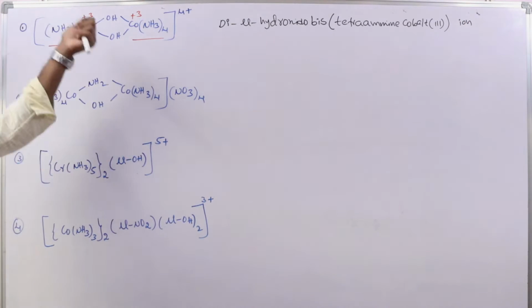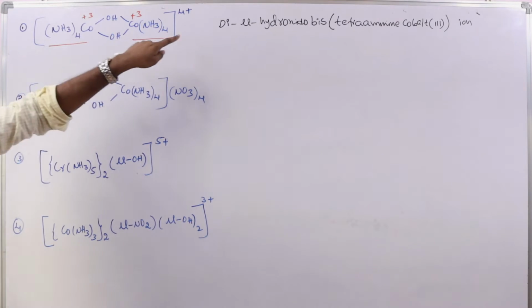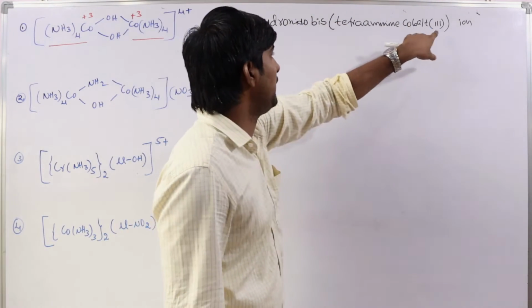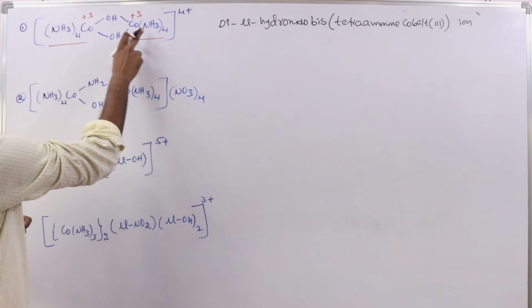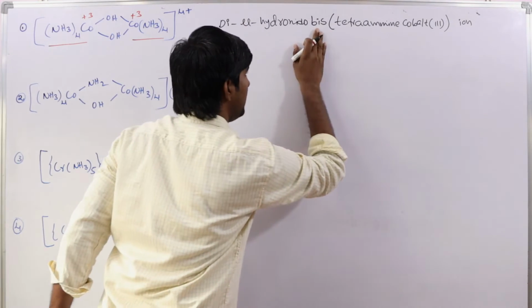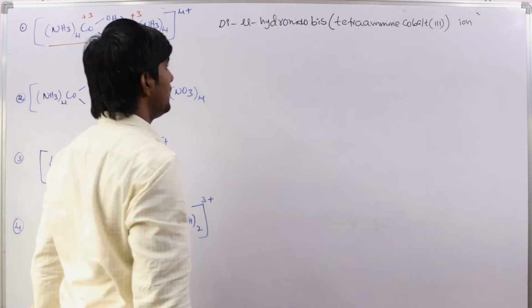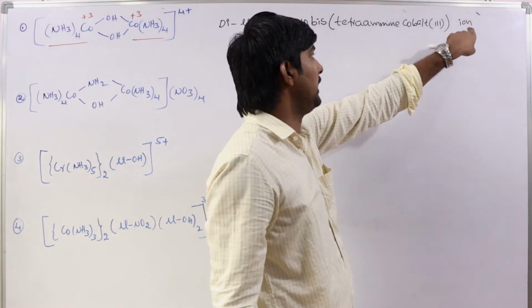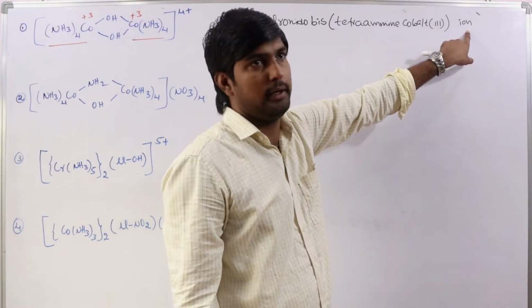So the name of this complex in this method is di mu hydroxido bis tetraamine cobalt 3 ion. We have a charge on the coordination sphere, so at the end we write ion.